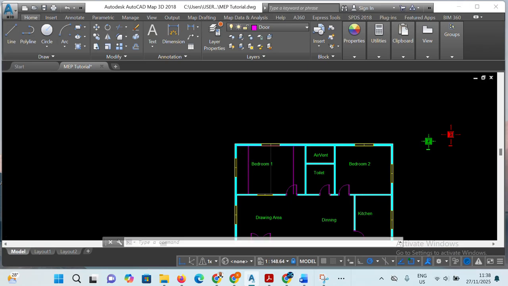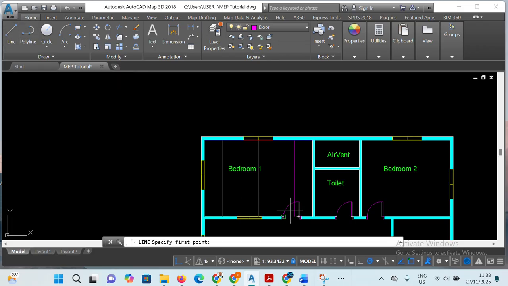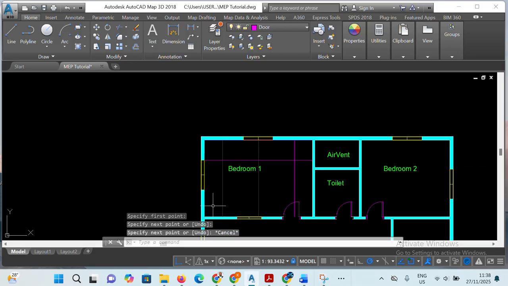Then for the horizontal line, we go to the first one at 37.5, and the next one from here.